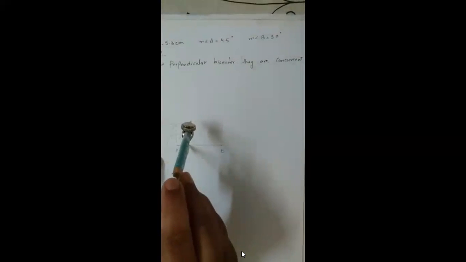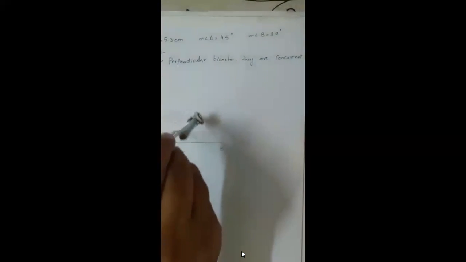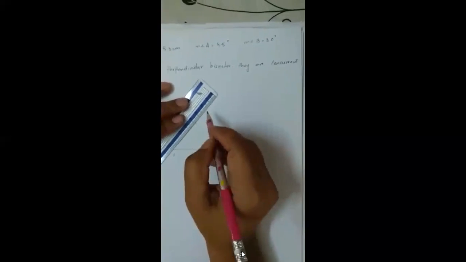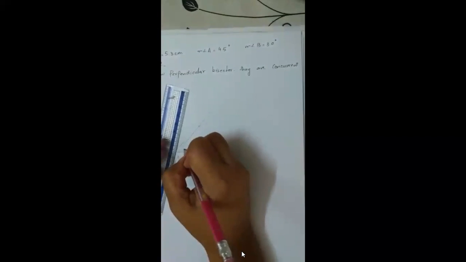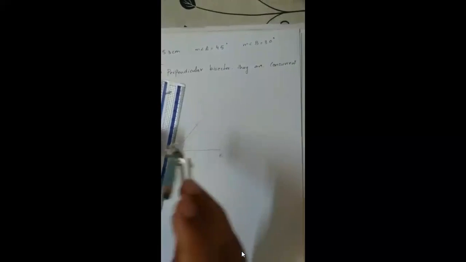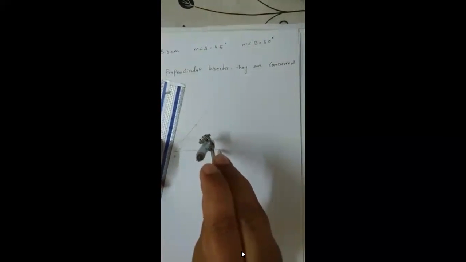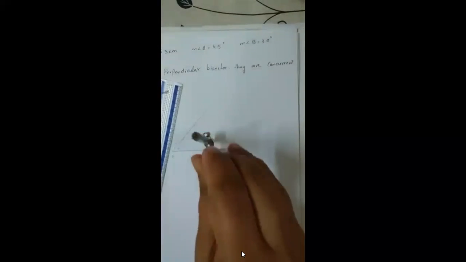Put your compass on this point for the angle of 45 and also on this point. On point B, we will draw the angle of 30 degrees. For this we need an angle of 60.